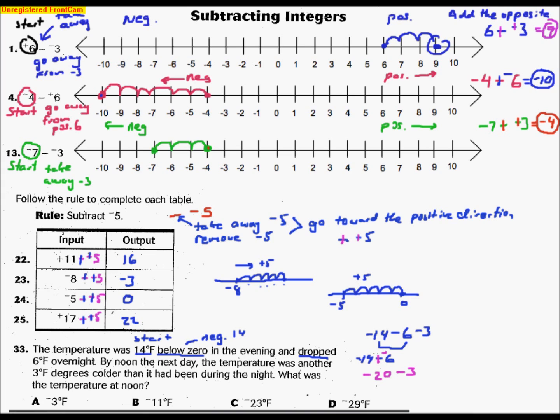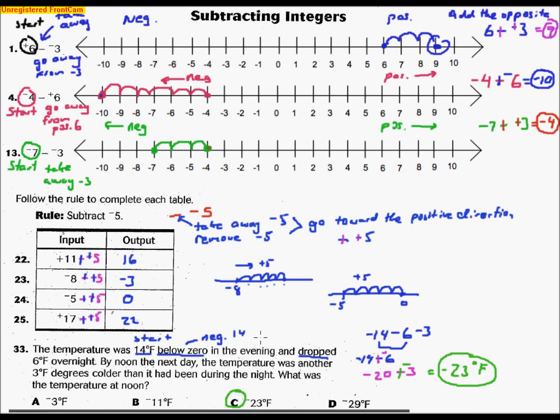That means it's getting colder again, so I add more negatives, and I end up with negative 23 degrees Fahrenheit. The answer is C.